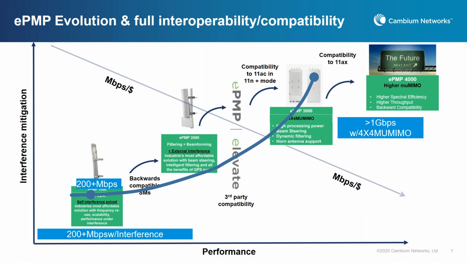So whether you've deployed Force 180, 190, 200, or our Force 300 products, they will interoperate with that next gen. So you're really protected investment-wise as you move forward, and our competition just cannot claim that with a combination of 11ac Wave 1 with LTU and some other more proprietary schemes. This is something that really differentiates ePMP.